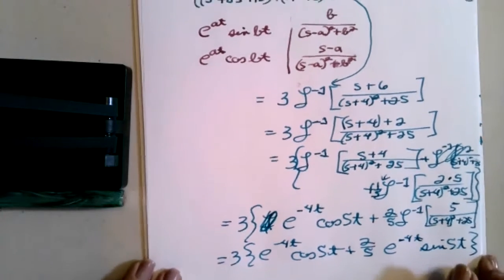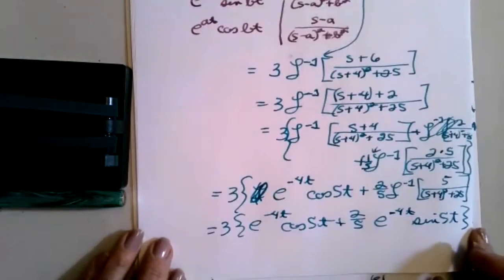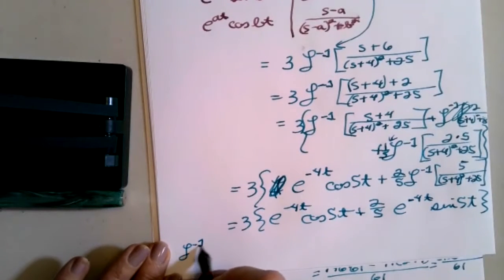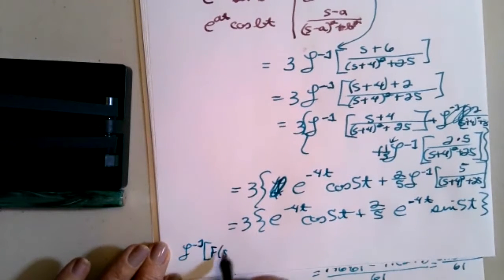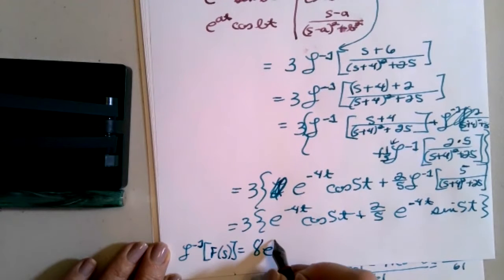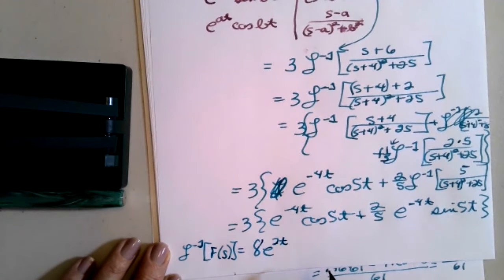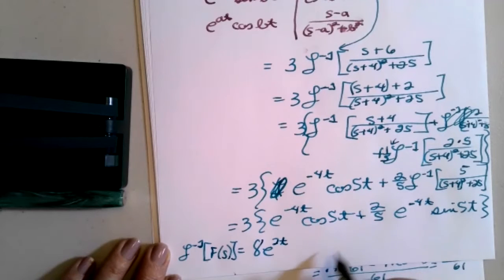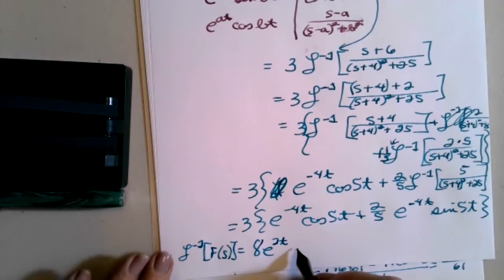Okay. And so now we can go back to the top and put it all together. So L inverse of F of s is the part we found before, 8e to the 2t. And now we have a minus all of this thing, and we have to distribute the 3 because there was a minus sign in there.